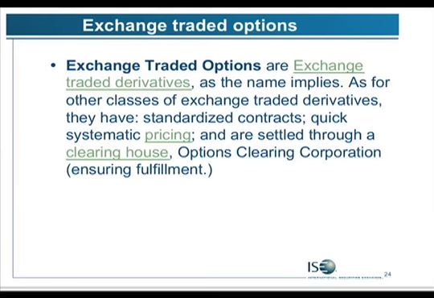What is the definition of exchange-traded options? Well, as the name implies, they are exchange-traded derivatives. They're standardized, they have quick, systematic pricing, and they're settled through a clearinghouse. With every FX option, first of all, you will never trade against the International Securities Exchange, not like at other options broker-dealers, if you will, that are not regulated by the SEC.